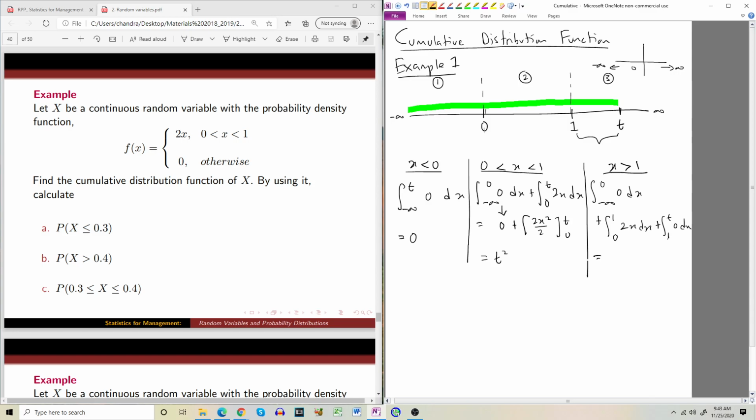So this one becomes 0. You don't need to write. This part will become 0. This part will become 0. Left is only this part. And if you do this, you will get 1.